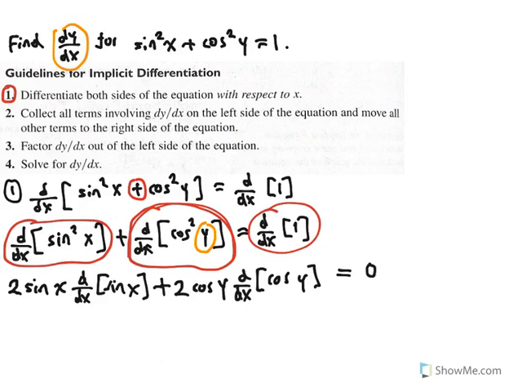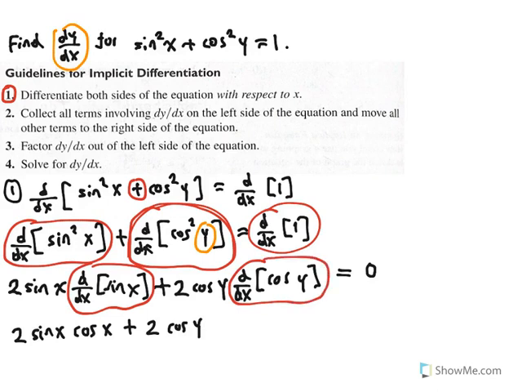So now we will go ahead and find the derivative with respect to x of sine x, which is cosine x. So that gives us 2 sine x cosine x plus, I have now 2 times cosine y.